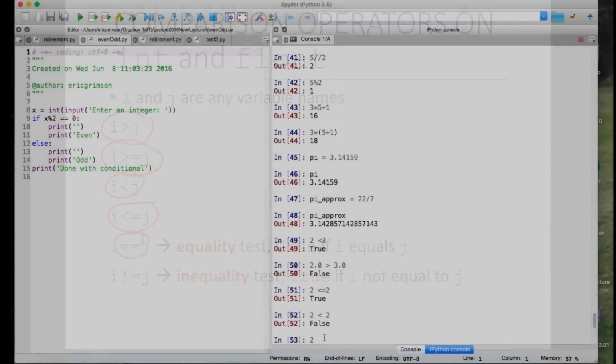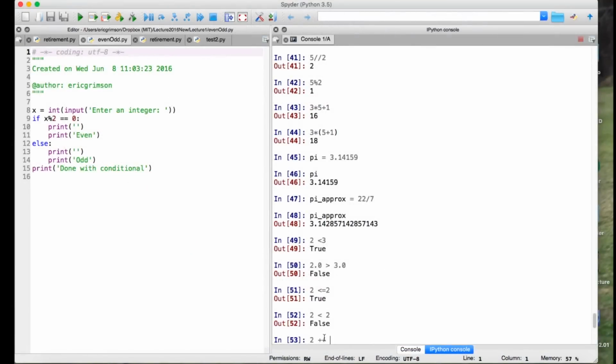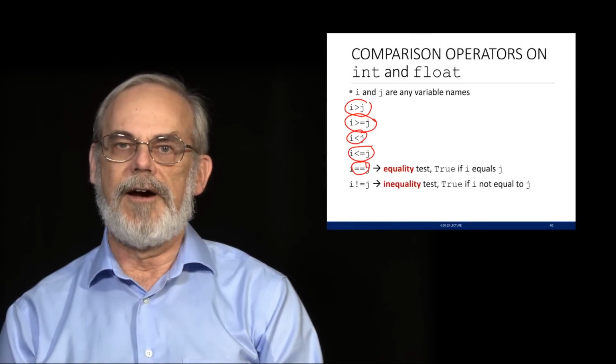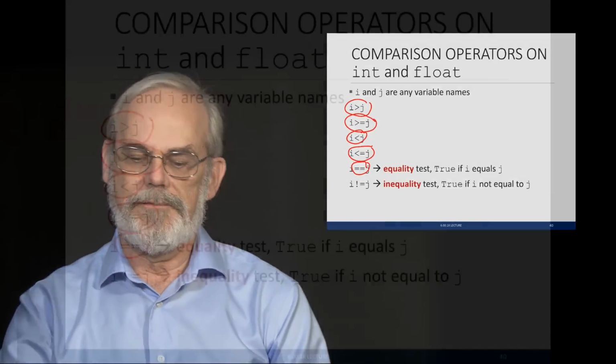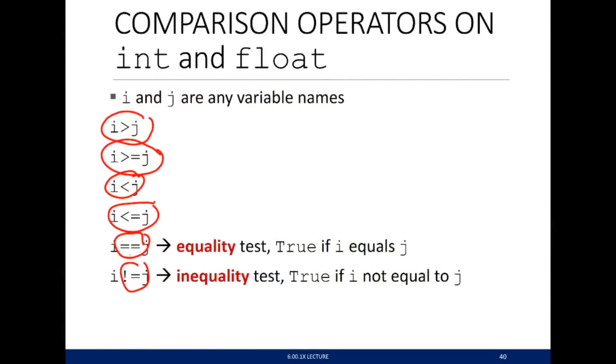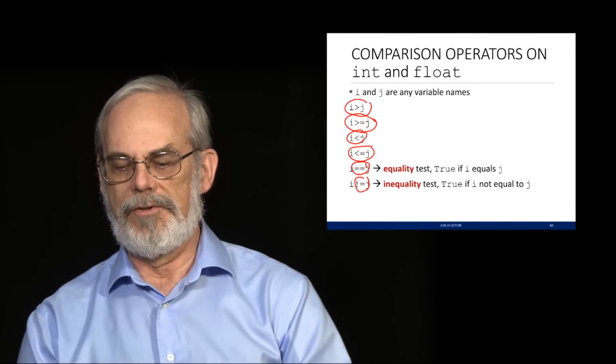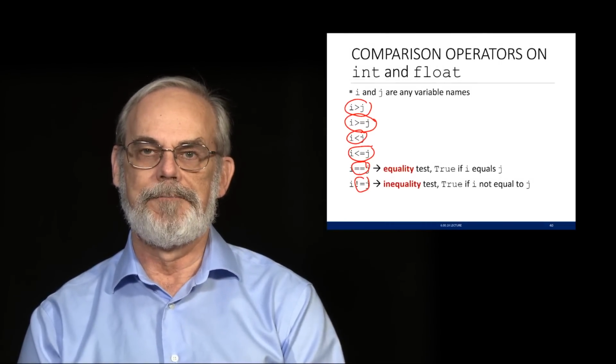So for example, 2 equal to, oops, try that again, returns true. And then finally, if we want to know is something not equal, we use the exclamation point followed by the equal sign, often referred to or pronounced as bang equal or not equal. That will return true if i is not equal to j.